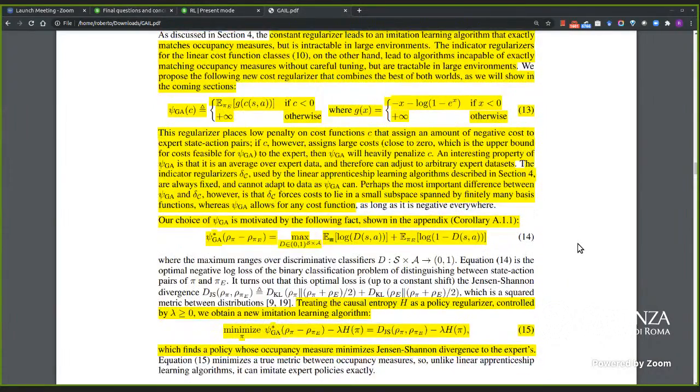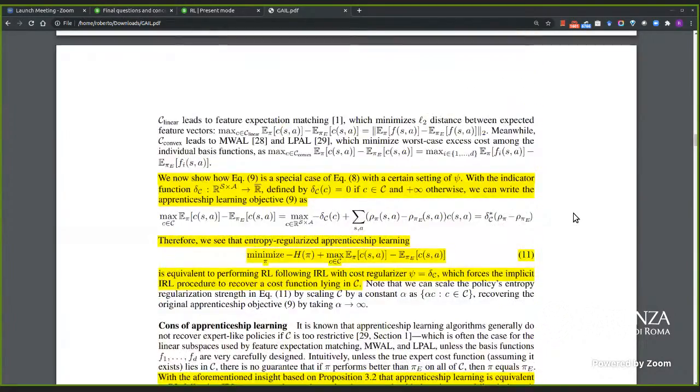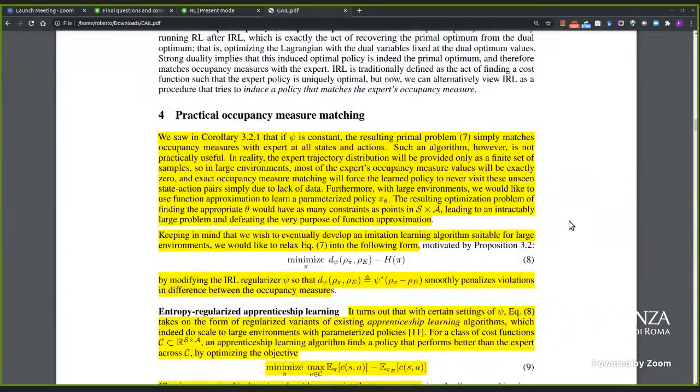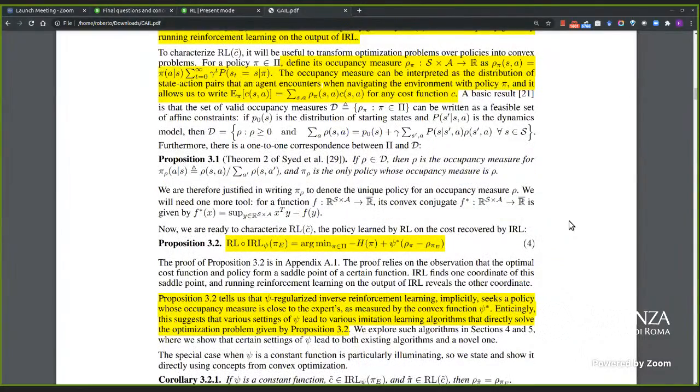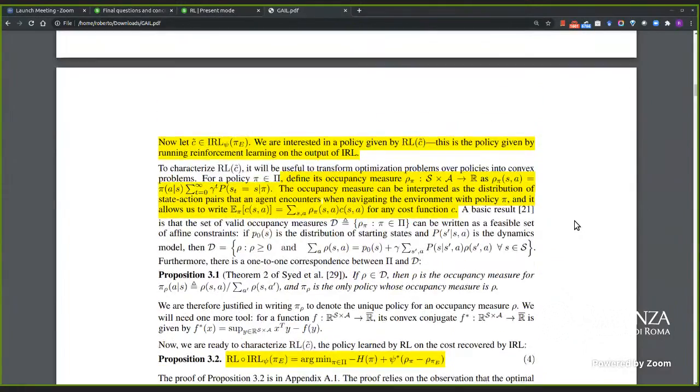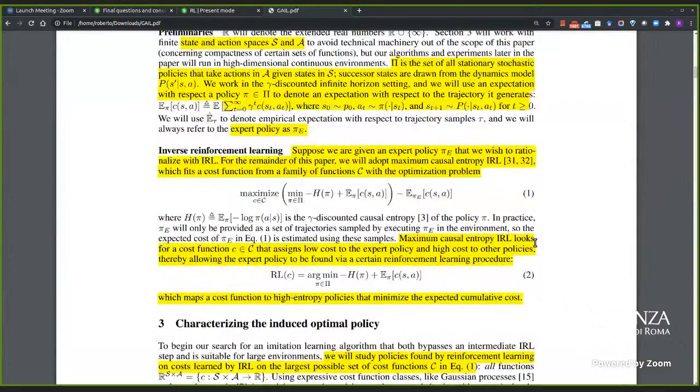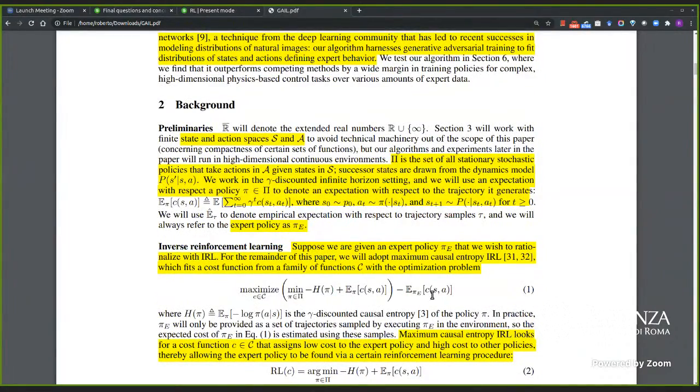And it's exactly what we have seen at the beginning, right?